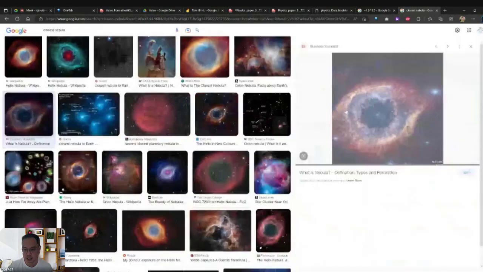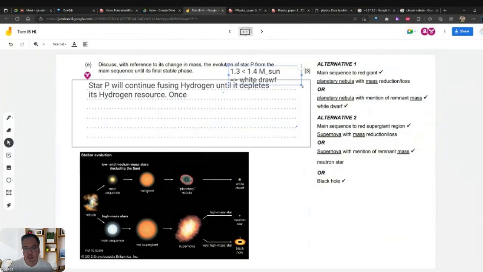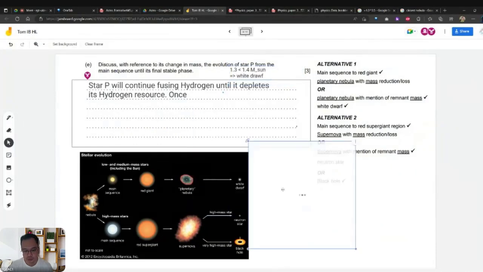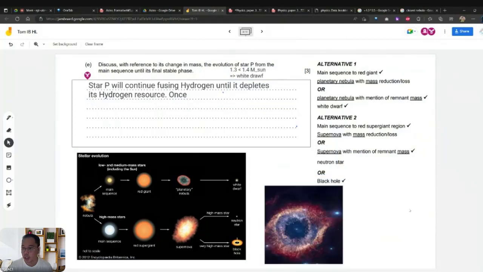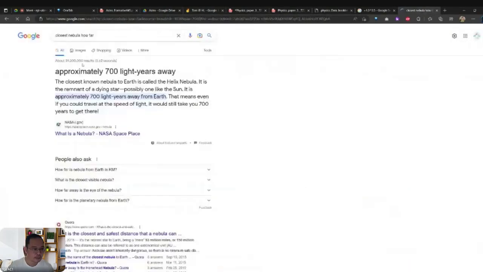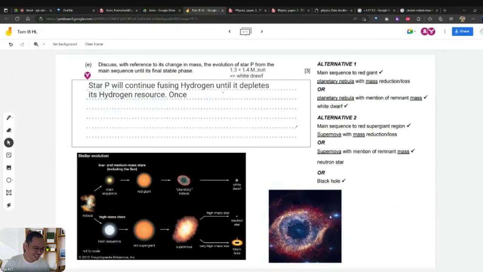Oh, it looks like an eye. Yeah. It will end up being a white dwarf. See the closest nebula to our Earth, and how far is that? 700 light years. It is Sauron's eye. Helix nebula closest, and 700 light years away.